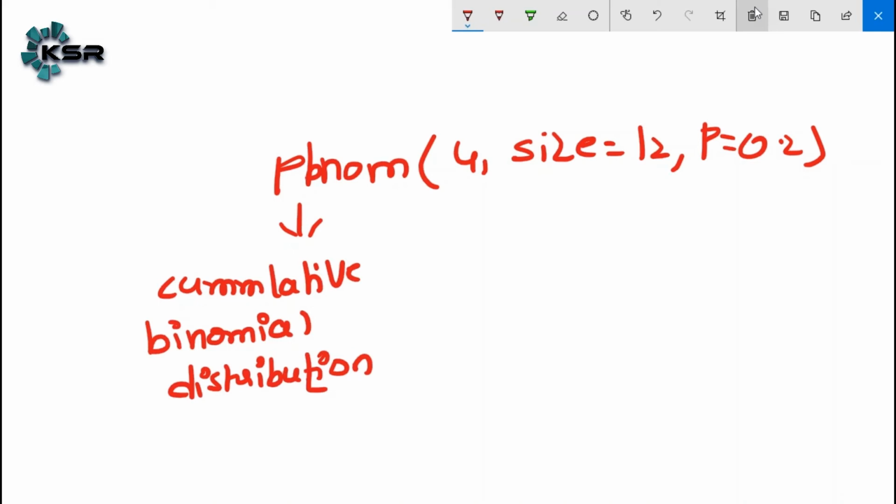What it does, here we mentioned the 4, right? 4 means it will take 4 correct answers as well as 3 correct answers, 2 correct answers, 1 correct answer as well as 0 correct answers. It will take whatever value I have mentioned, in this case 4, and all the values below it up to 0.